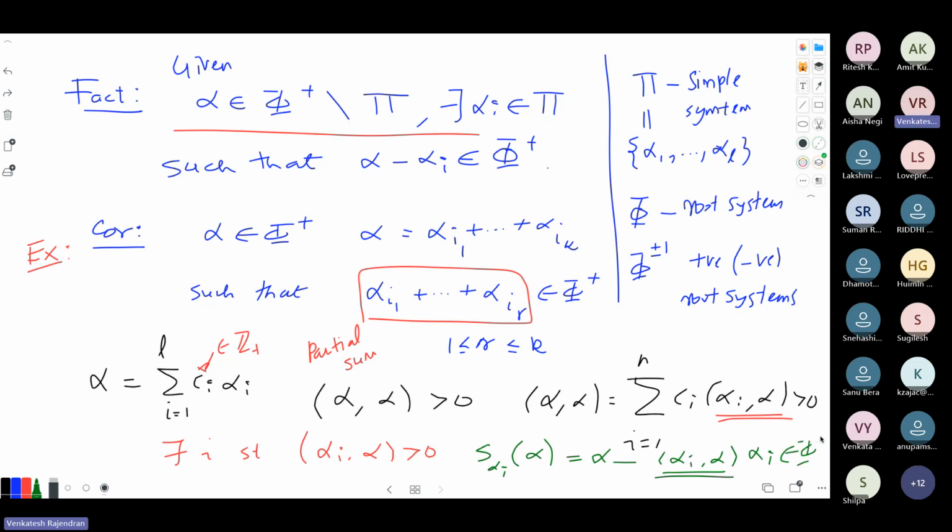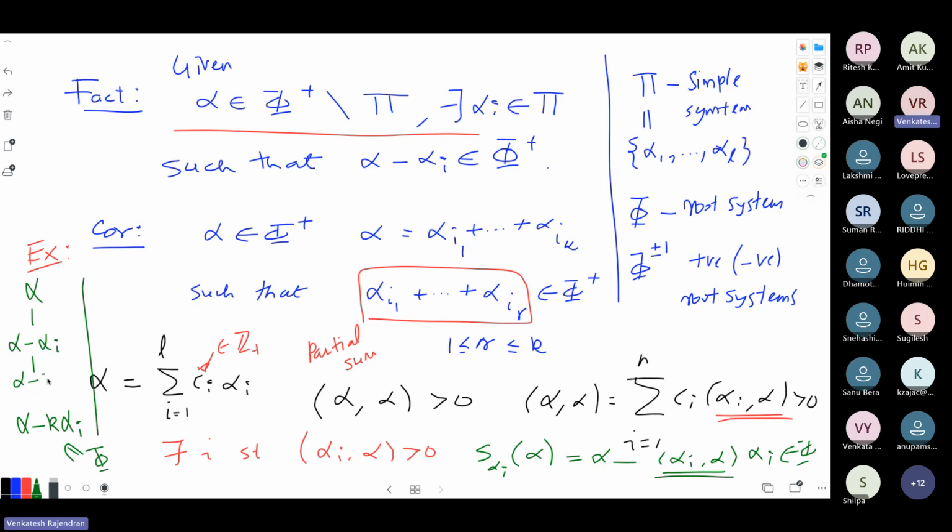So if you take the string, you take alpha and you start subtracting. You reach alpha minus k alpha I. So this is a root, but the root string is unbroken. Because the root string is unbroken, to reach this alpha minus k alpha I, you have to successively subtract. There is no other option.